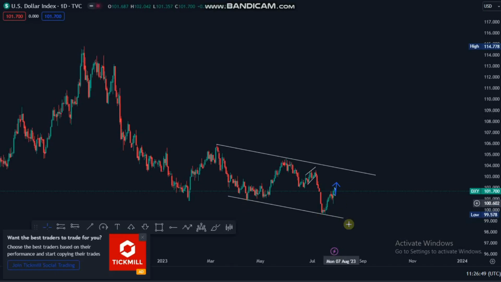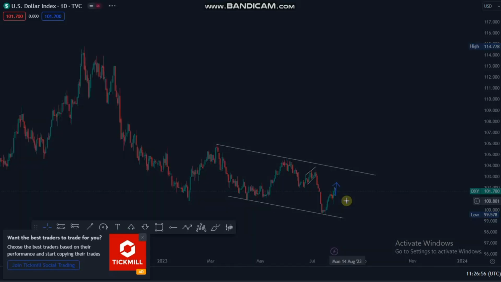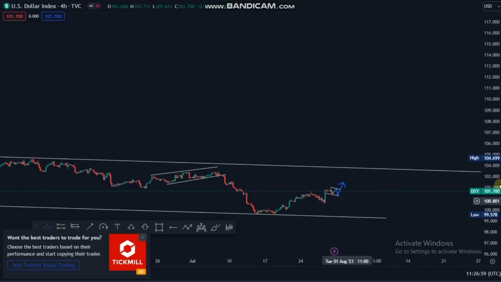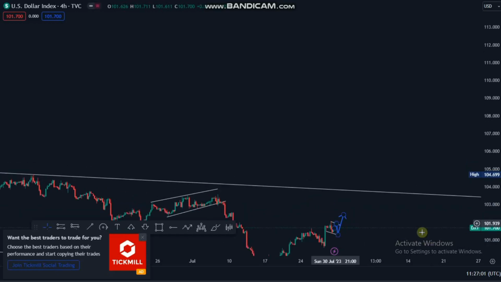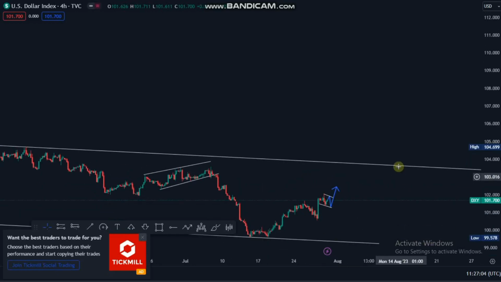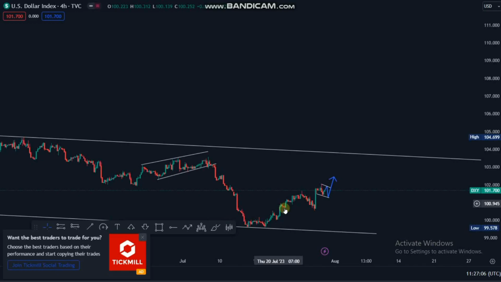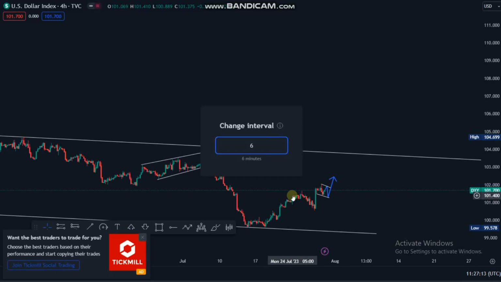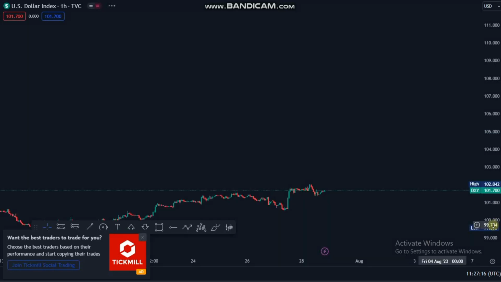So this means this is a valid structure for buys, but we're gonna dive lower onto a 4-hour time frame and just see what the market is printing, right? So yeah, if you can see, guys, this was an impulse, then a correction over here, impulse, correction, impulse. Actually, let me dive lower onto a 1-hour time frame, guys, so that you can see it clearly, right?